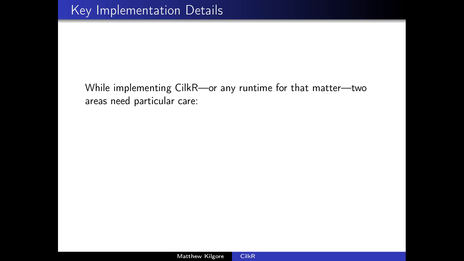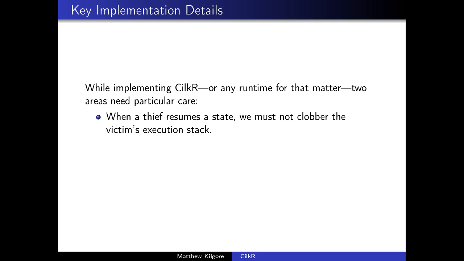Now, while we were implementing CilkR, two areas cropped up that needed particular care. The first has to do with when a thief resumes a state. We need to be able to not copy the victim's execution state. Second is the actual bookkeeping behind how we handle steals.